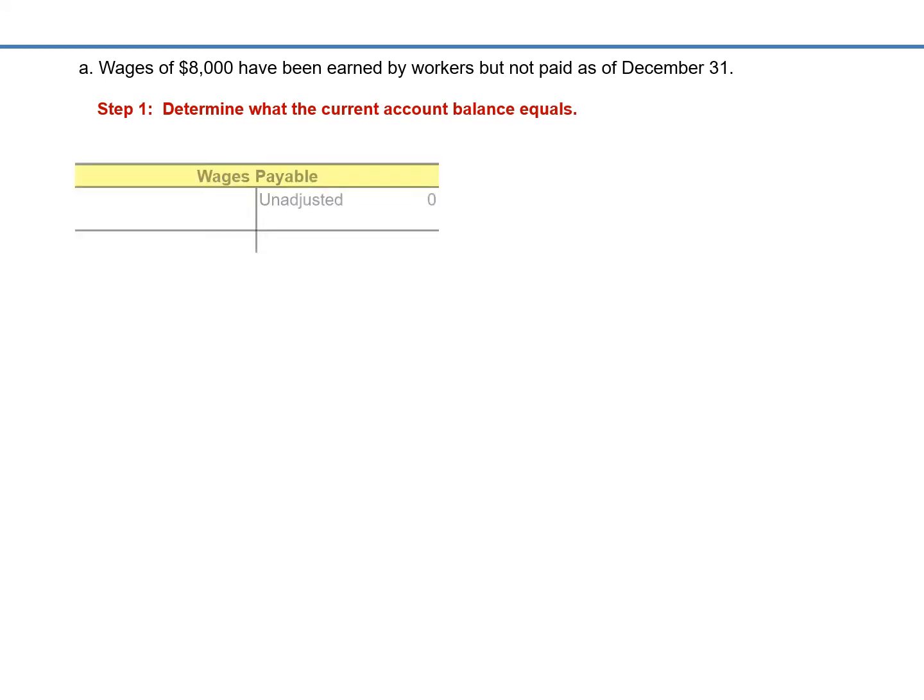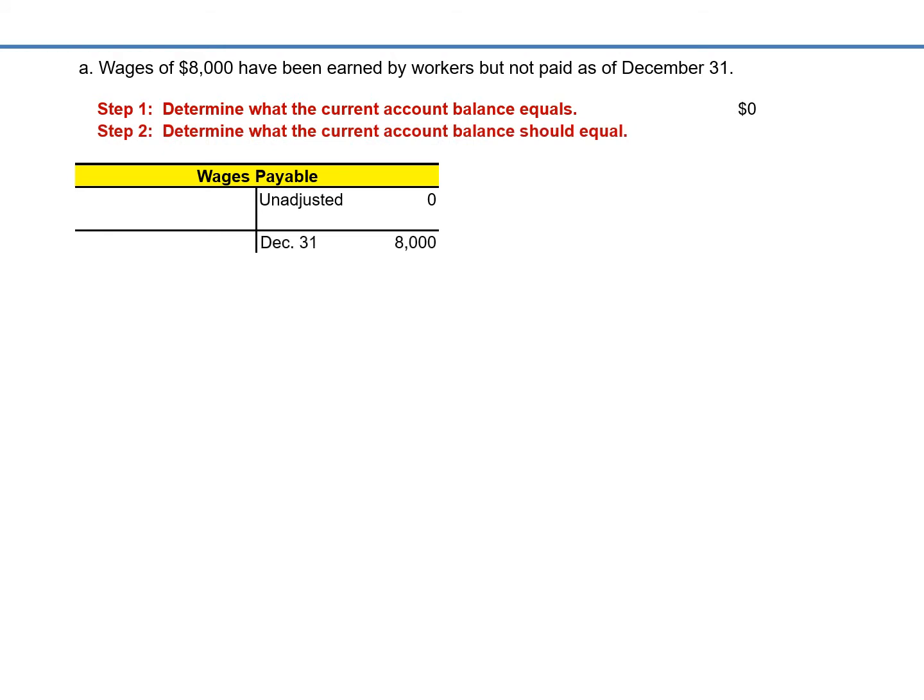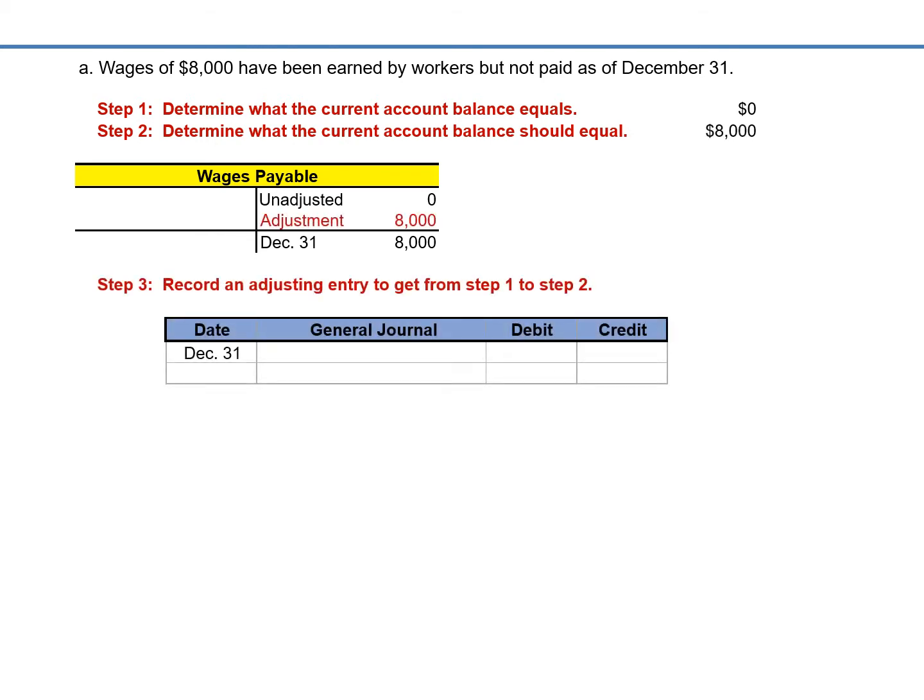So our wages payable is 0, but it needs to be $8,000, right? So to increase our wages payable account, it's a liability. Liabilities are increased with credits. So we have a credit to wages payable for $8,000 and we have a debit to wage expense for $8,000.